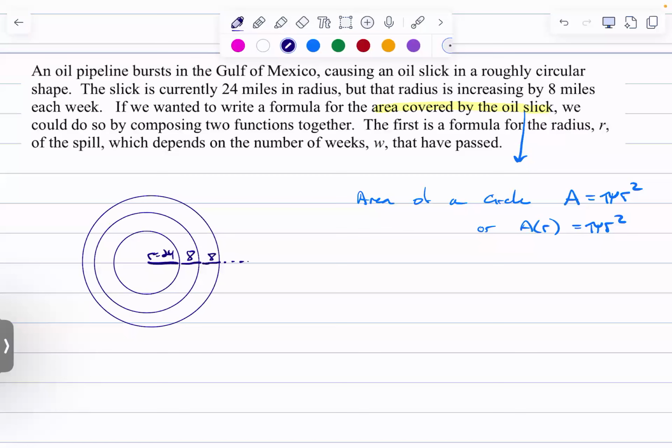So if you had to guess, the radius is going to be, well, we start with 24. And then for each additional week, we add 8. And so I get 24 plus 8w.